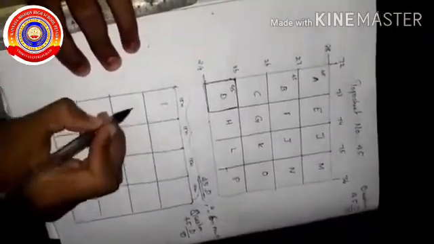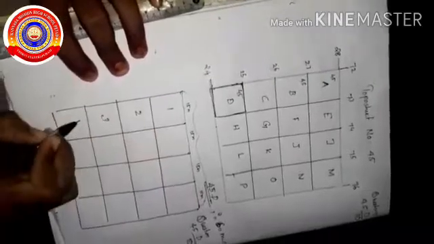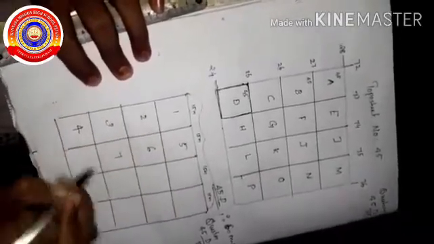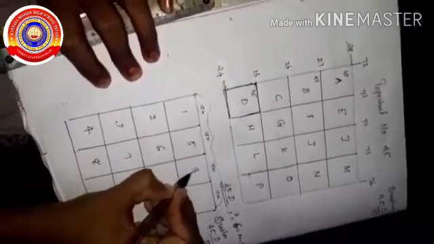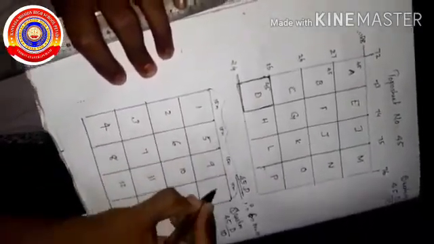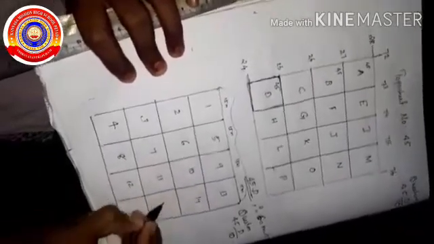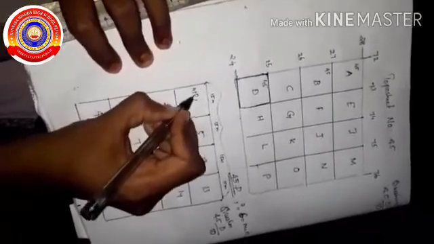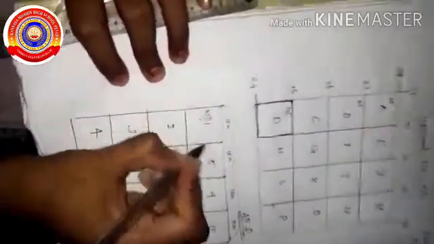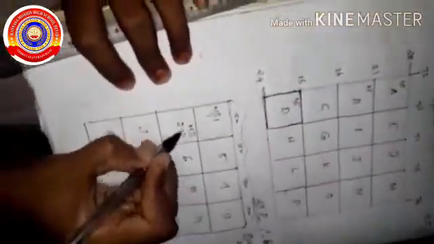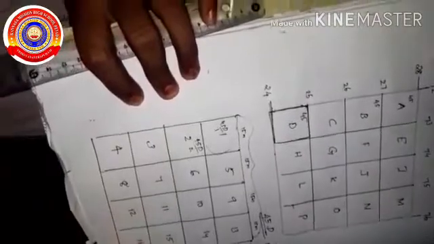After giving numbers, it is read as 45D by 1, 45D by 2, 45D by 3, 45D by 4, 45D by 5, 45D by 6, 45D by 7, 45D by 8, 45D by 9, 45D by 10, 45D by 11, 45D by 12, 45D by 13, 45D by 14, 45D by 15, 45D by 16.